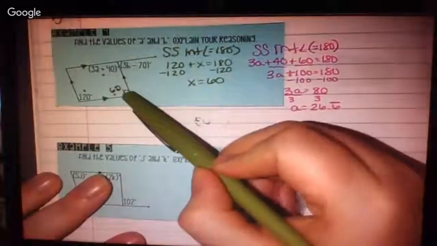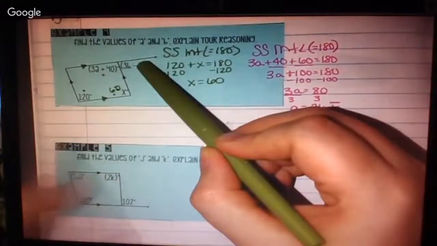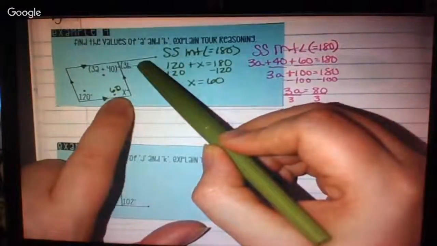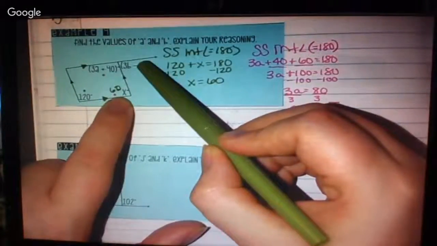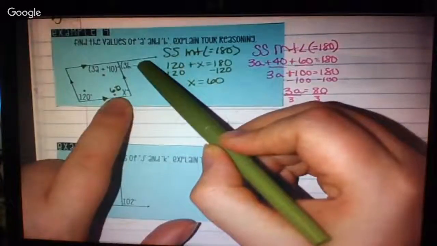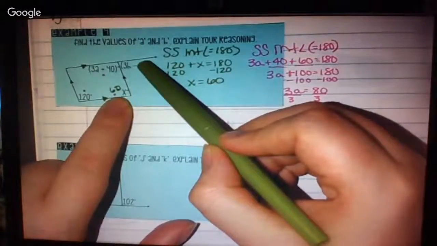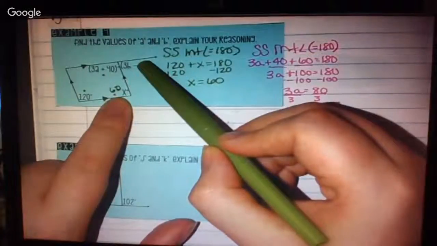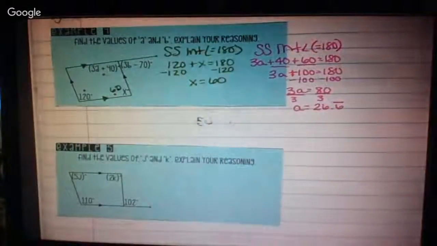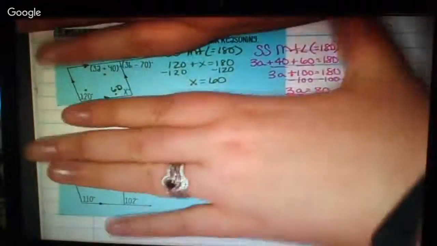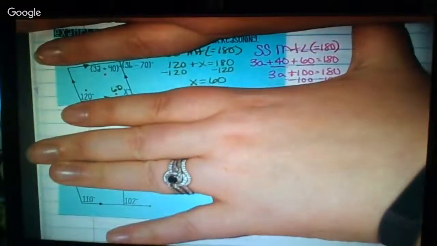What is X and this angle? What are these two angles? Alternate. And where are they in terms of the parallel lines? Interior. Okay, your parallel lines are here. So they're inside your parallel lines.